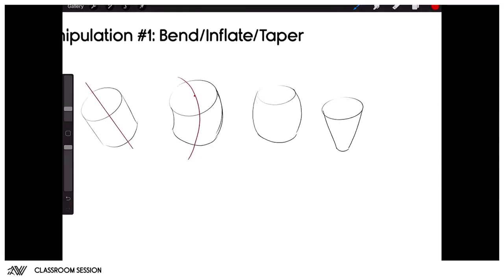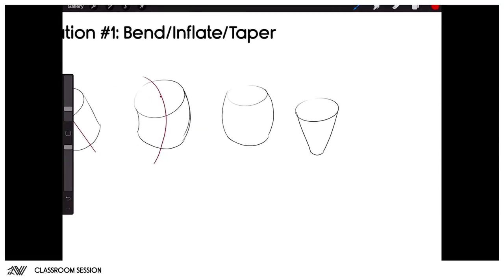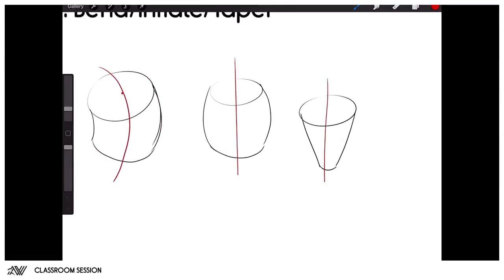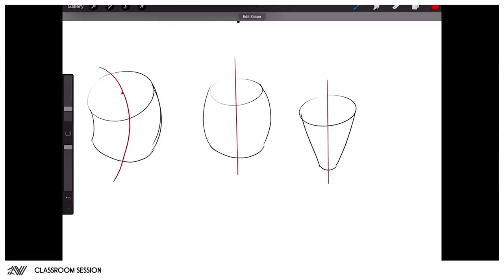Now, of course, with the inflation and the taper, that's not the case because the minor axis just stays the same on both of them. But what's important with the inflation and the taper is our contours, right? And that's why I said that manipulation one feeds into manipulation two, because if you can understand how contours are manipulated in these simple exercises, then you'll have a better time understanding it in manipulation two, right?